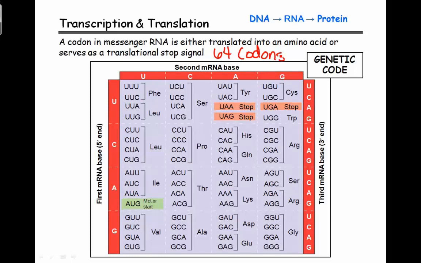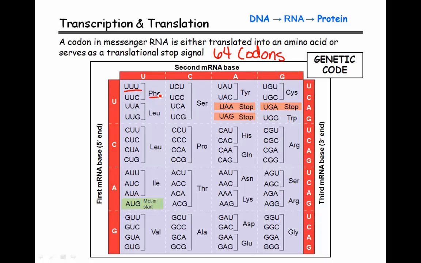And each one of those codons is very specific in what it means to the cell. Now, 61 of those codons are going to tell the cell a specific amino acid that needs to be incorporated into the protein that's being made. So for example, if the cell happens to see UUU, then it knows specifically phenylalanine is the amino acid that is going to be incorporated into the protein.